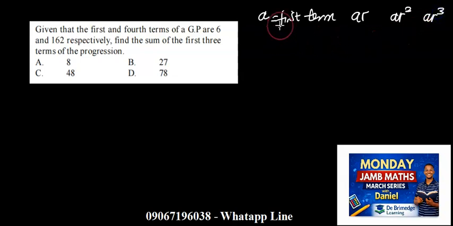So the next term of a GP after the first term is gotten by multiplying the previous term by R, which is the common ratio. So multiplying R times the previous term gives you the next term. Here we're told that A, the first term, is equal to 6. Equation 1.